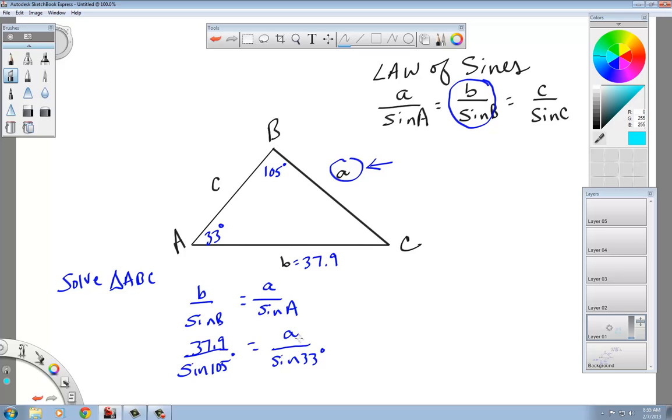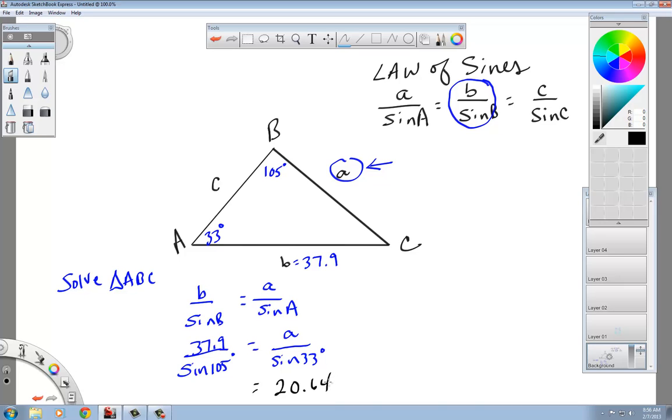Now if I am solving for this letter here, what I have to do on my calculator very carefully is do 37.9 times sine of 33. Here's going to be my equal sign. I'm going to type it here as hopefully everybody in my class is doing. 37.9 times sine 33 equals, and just for the sake of demonstration, I'm going to round this to the second decimal place.